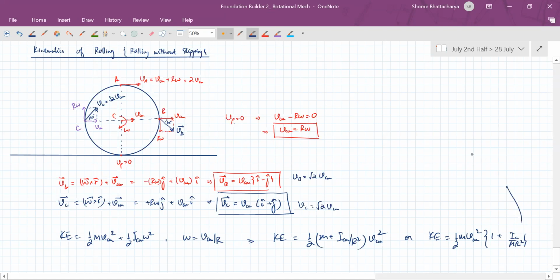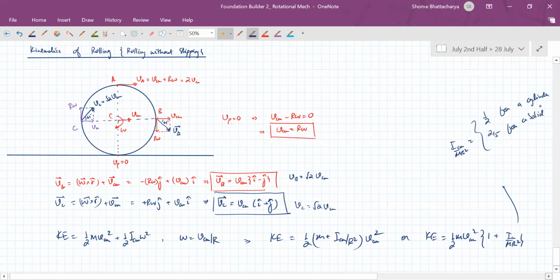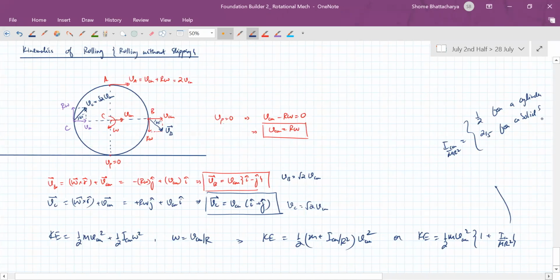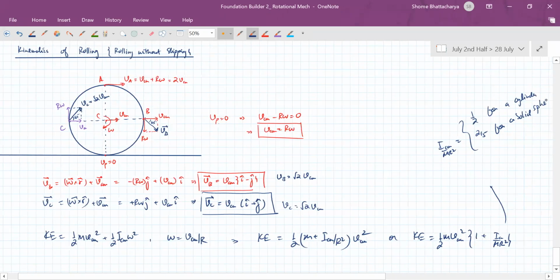So this factor is equal to, for example, half for a solid cylinder. It is 2 by 5 for a solid sphere. It is 2 by 3 for a hollow sphere, etc.